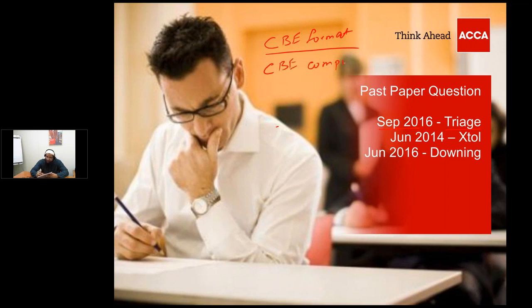So that's why I'm going to solve these questions in CB format, so that you people are also aware of how the changes are going to be implemented in ACCA. If you people have any questions, you can meanwhile post them on the question box.